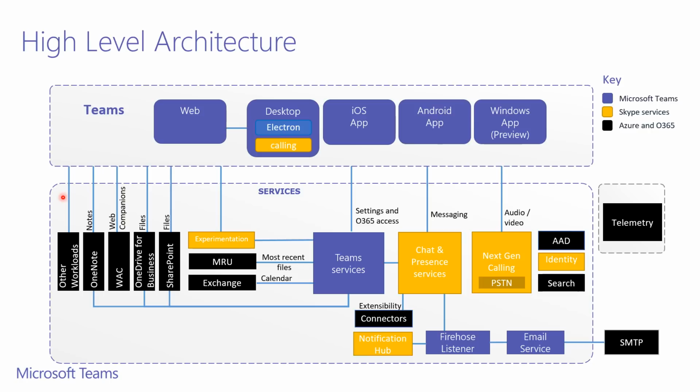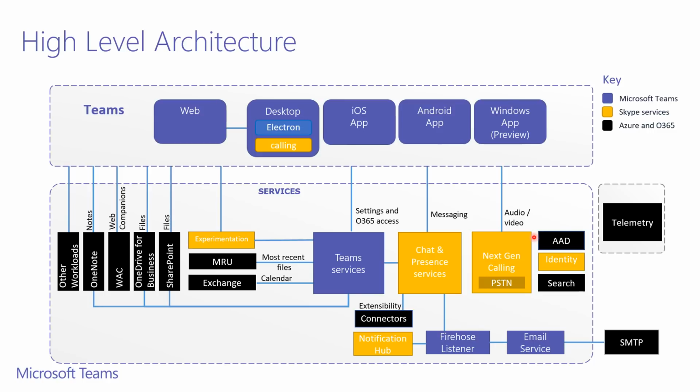Now, we're not going to go through each of these services in great detail, but at the core, Teams services provide middleware access to a number of the features and functions that are available within Office 365. Supporting services such as SharePoint, OneDrive for Business, Exchange, and Azure Active Directory will all be covered in the rest of the training that we have here.